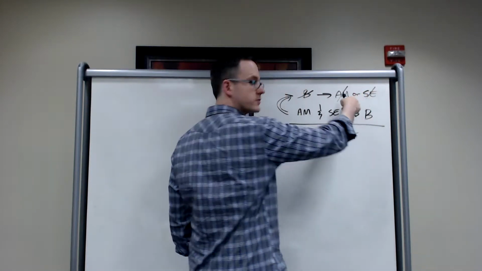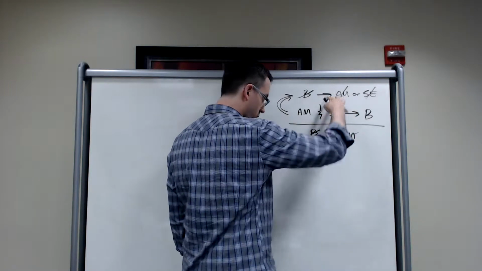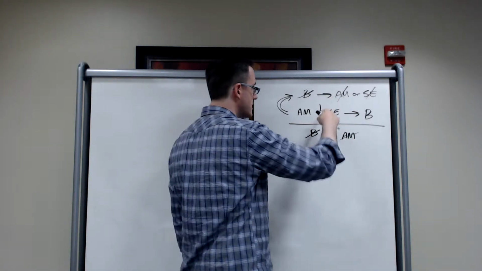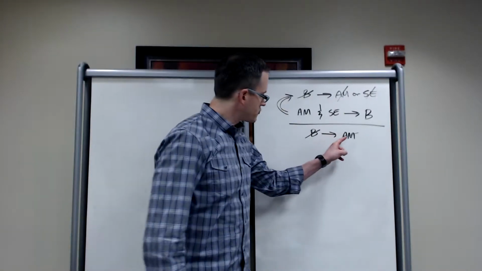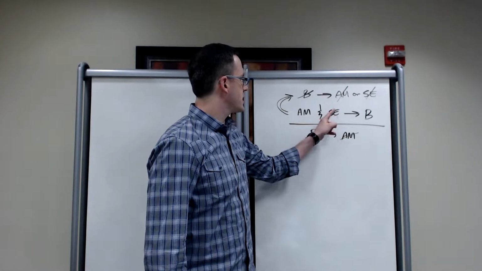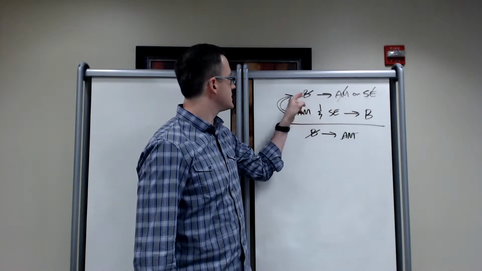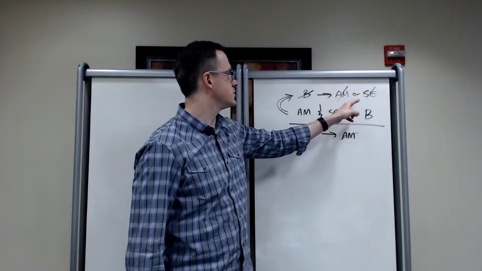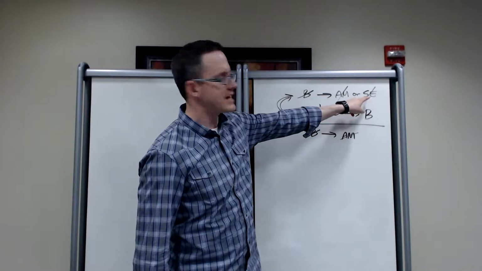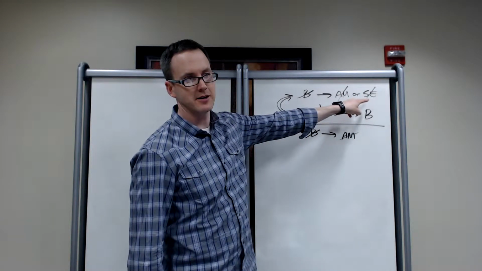I think I would do this first so that now we're talking in the same language. So then the conclusion was not B leads to not AM. How can you draw this conclusion when the premise only supports the idea that not B leads to one or the other? You have to be assuming that not SE is not an option.